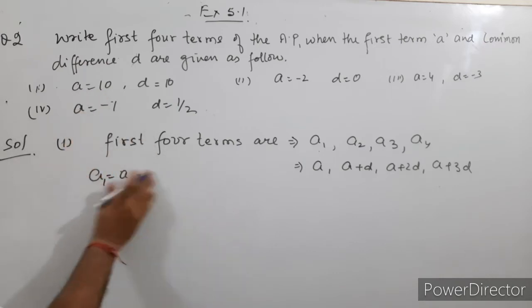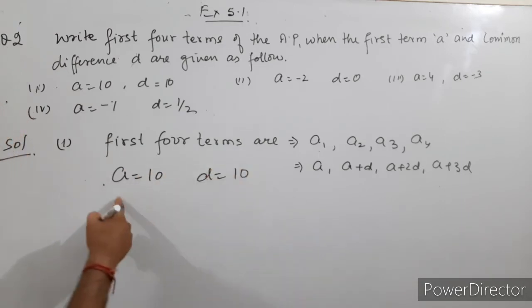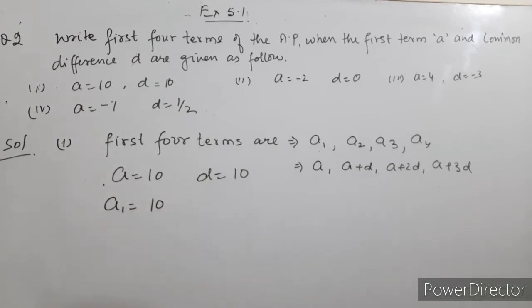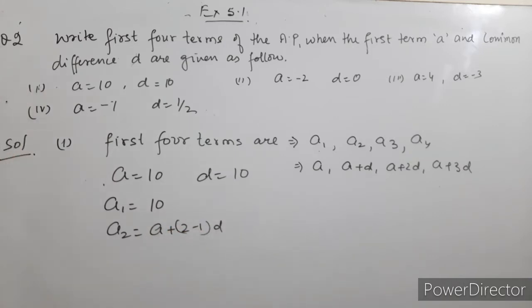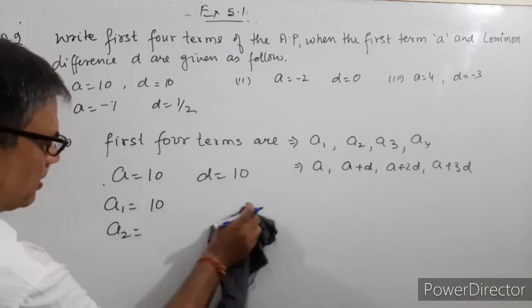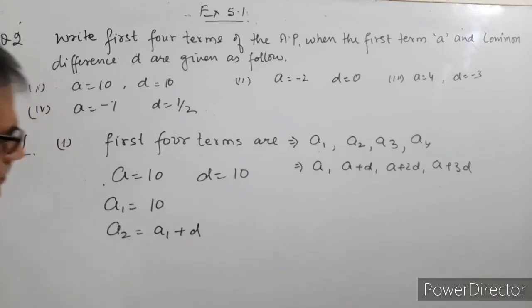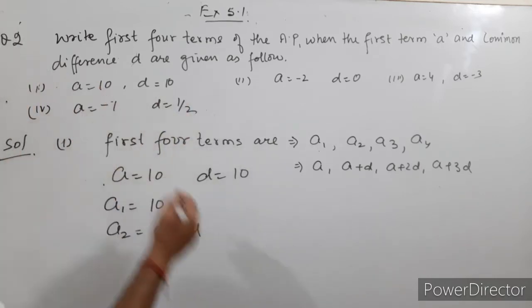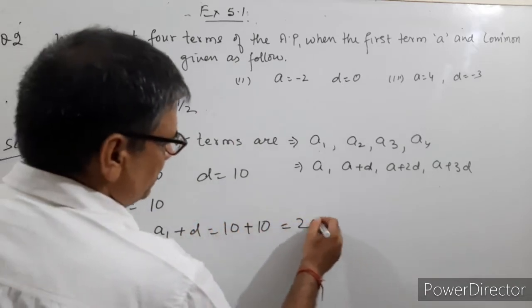A1 is equal to A, which is equal to 10. First part: A is equal to 10 and D is equal to 10. That means A1 is equal to 10. The formula is A2 is equal to A1 plus D. A1 is 10, D is 10, so 10 plus 10 is 20.